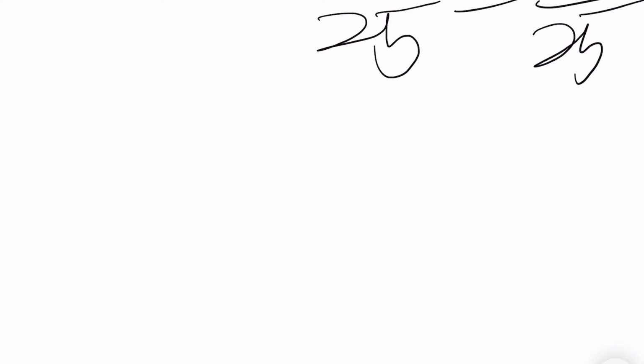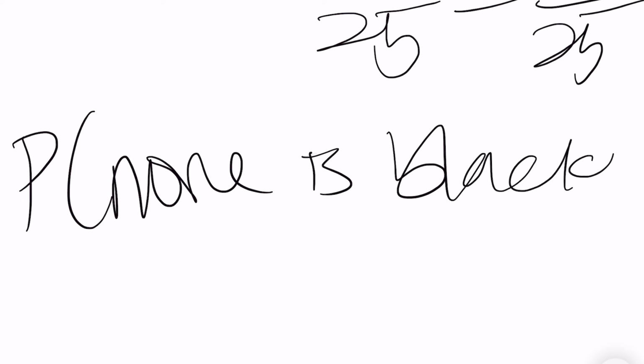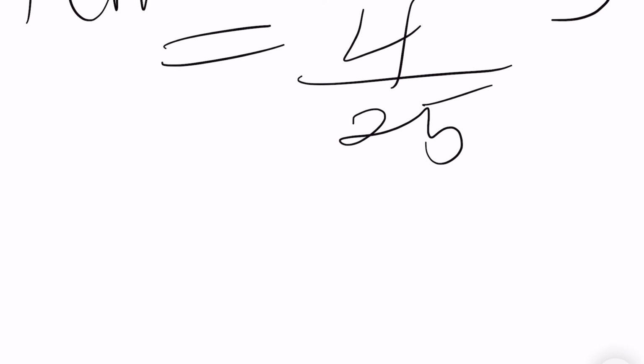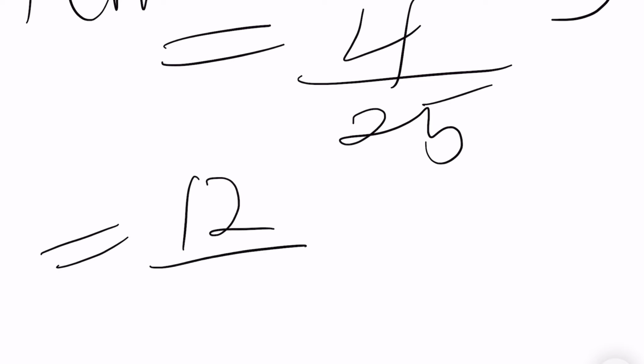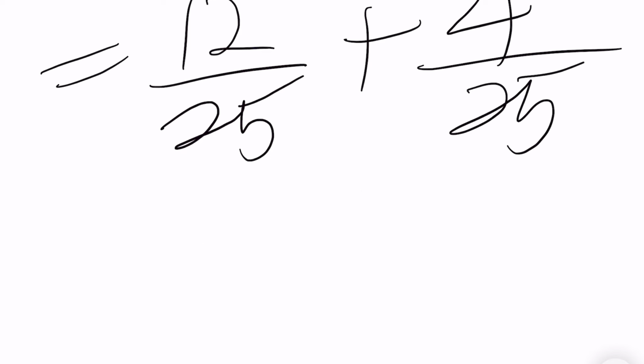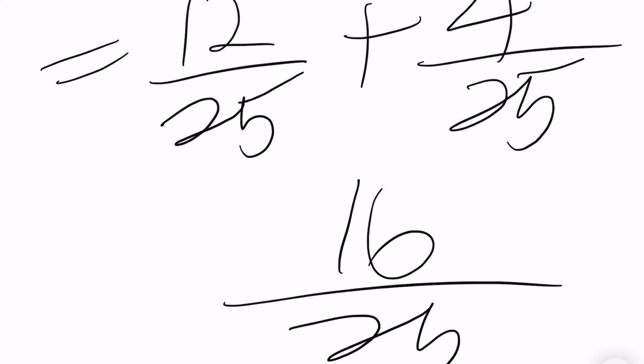So the probability that at most one is black will now be 12 over 25 plus 4 over 25, so we have it to be 16 over 25.